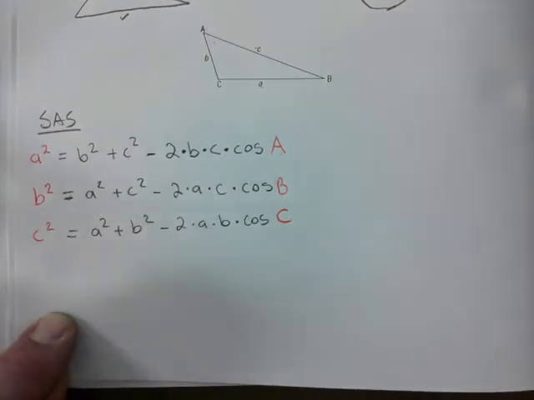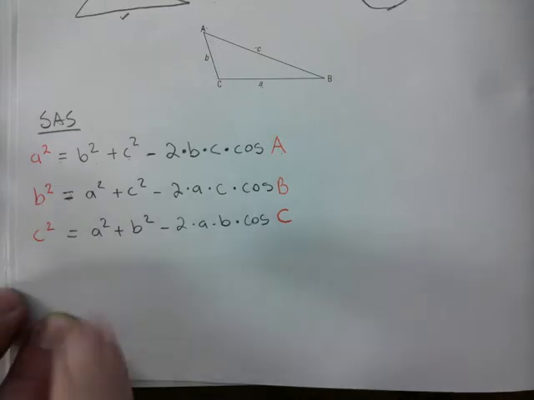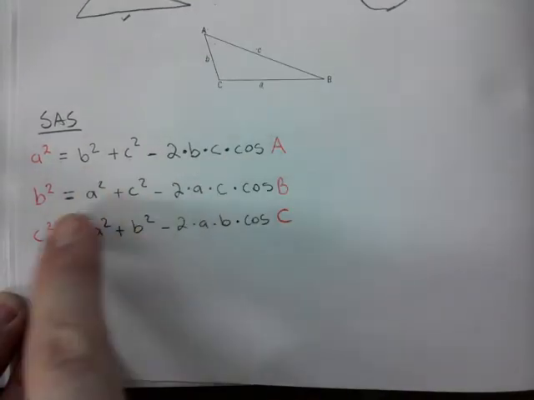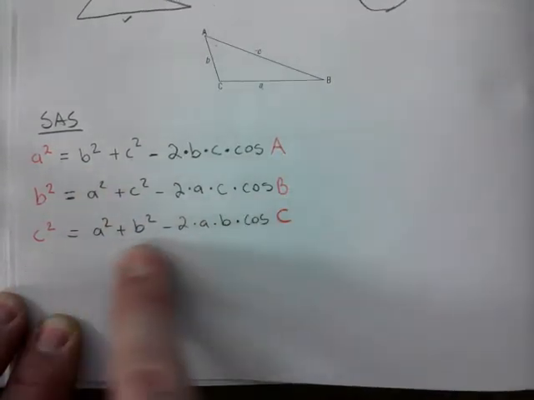So those are the three variations of that formula. Each one allows you to find a different side on that triangle.